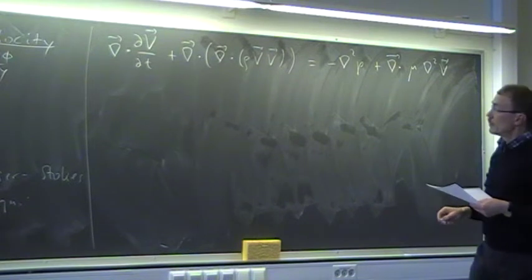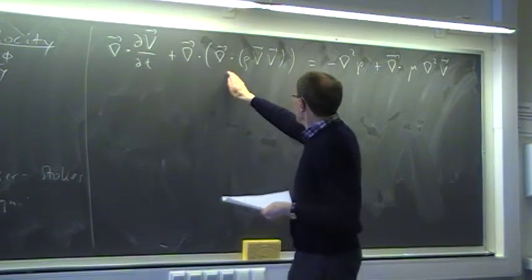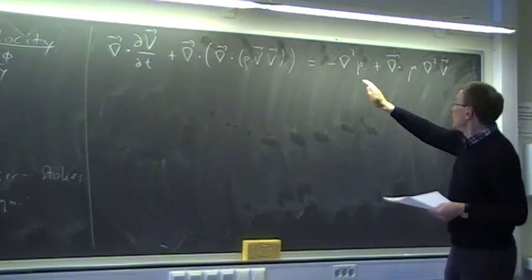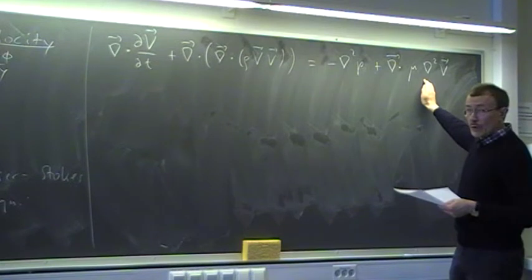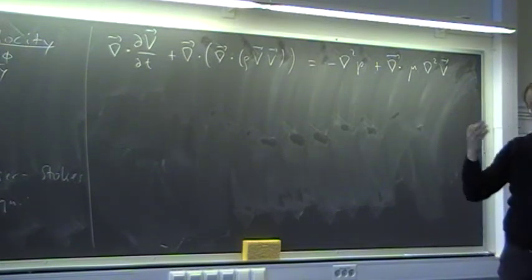So you see what we have done. We have the Navier-Stokes equations. You see here the terms. Here we have minus gradient p, and here we have mu Laplacian of v, and everything is multiplied from the left with the divergence. We take the divergence of the whole equation.